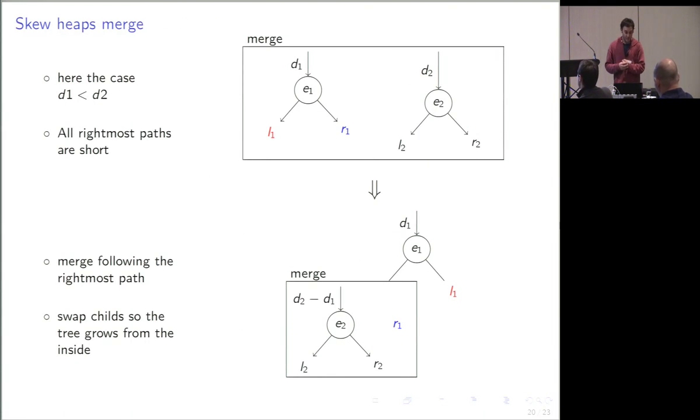The good algorithmic property of the skew heap is made by the implementation of this merge, because a skew heap verifies the property that all rightmost paths are short.